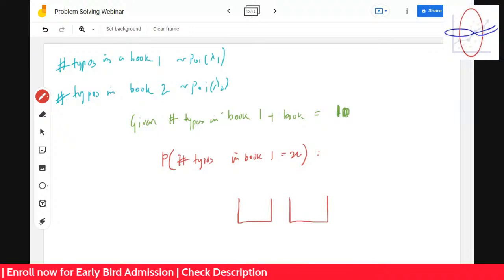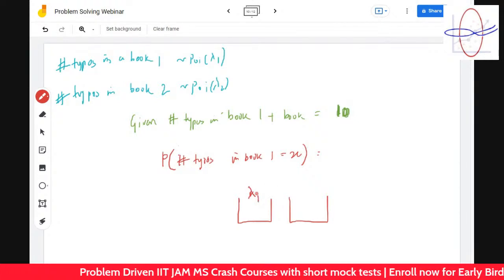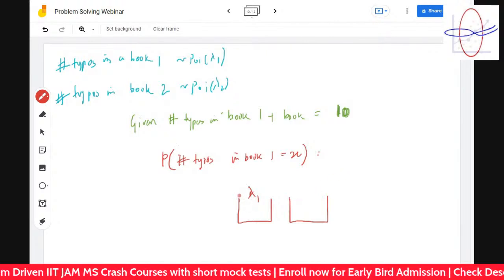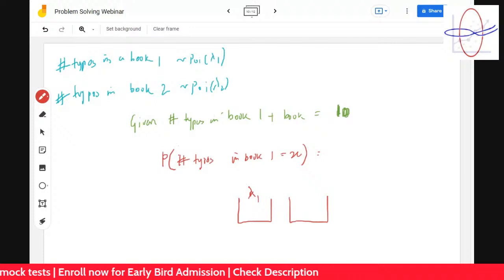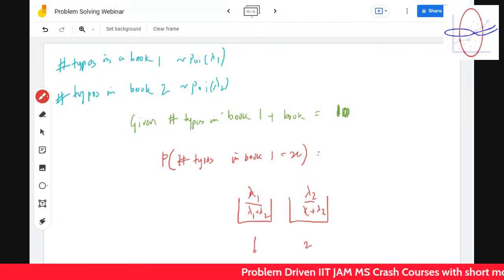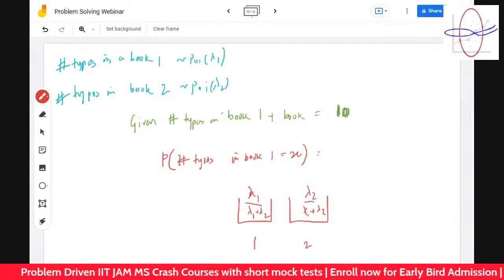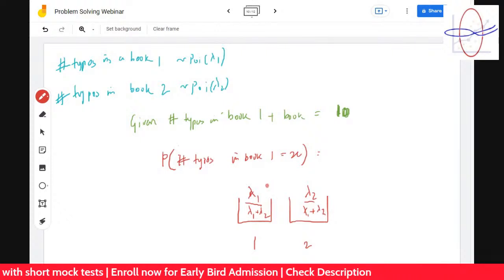On average there are lambda 1 errors in book 1 and lambda 2 in book 2, so the probability of an error coming from book 1 is lambda 1 over lambda 1 plus lambda 2.